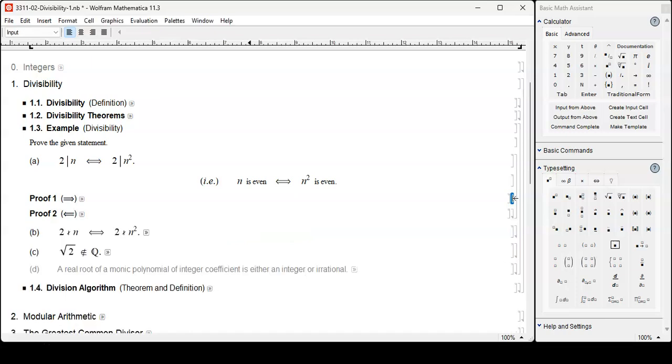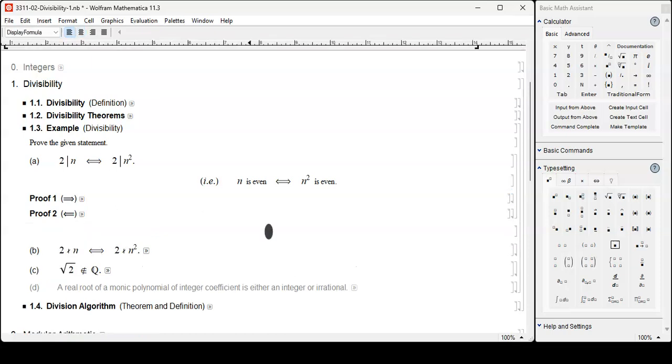How about the next one here? The other direction. So 2 divides n squared. So n squared can be written as 2 times something, 2 times some other character, let's say j. Then n should be 2 times some integer.